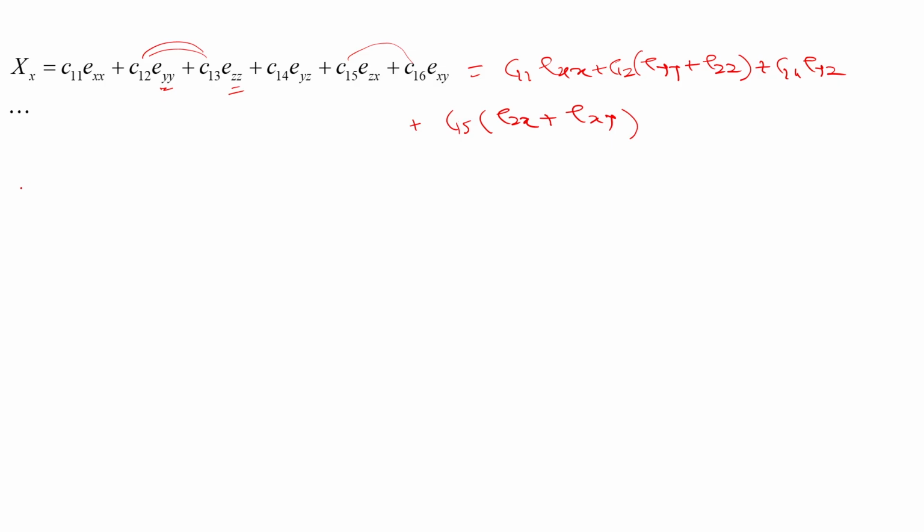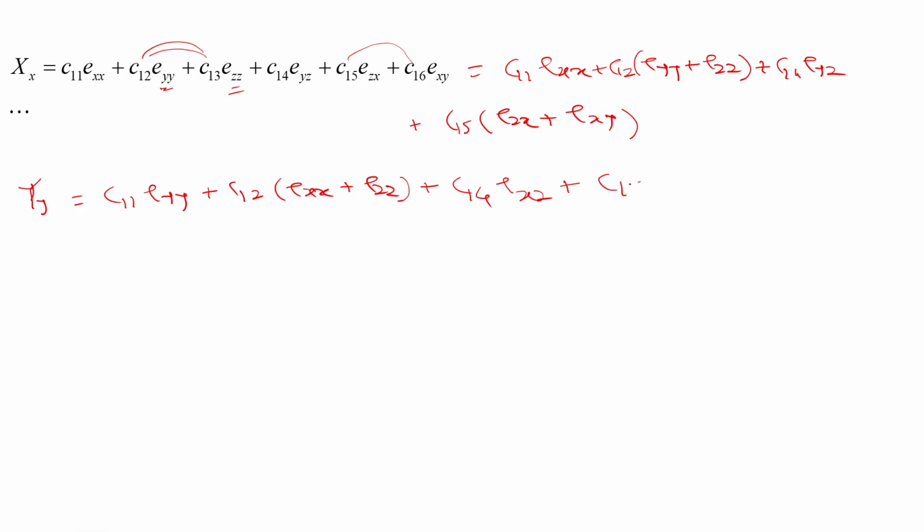Now, if I write σyy, again it should be C11 εyy plus C12 times (εxx plus εzz), because for the y direction, x and z are equivalent. So, for σyy we will have C11 εyy and then C12 (εxx plus εzz) plus C14, and instead of εyz of course we will have εxz, because with respect to y, again x and z are equivalent.